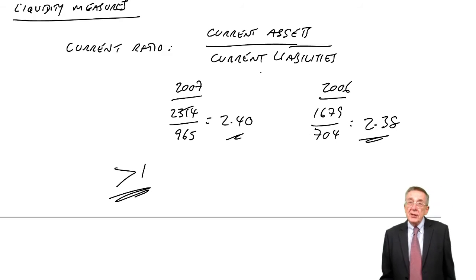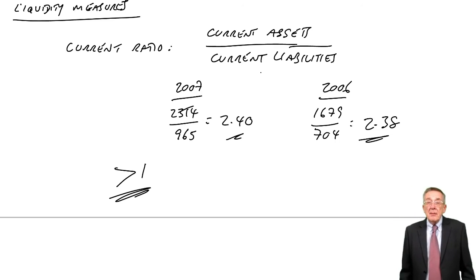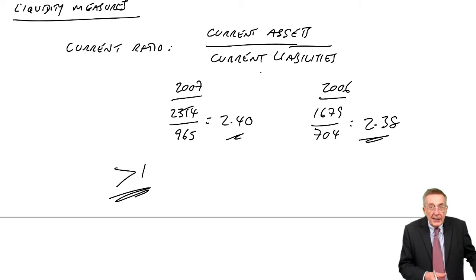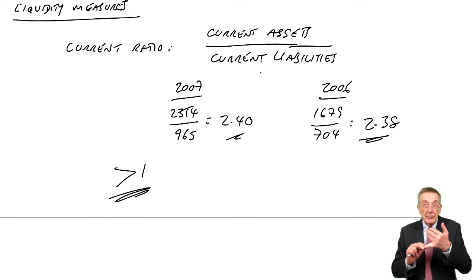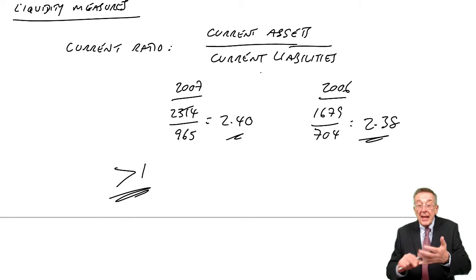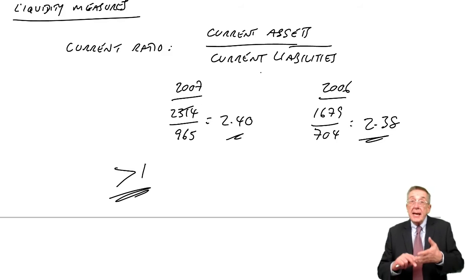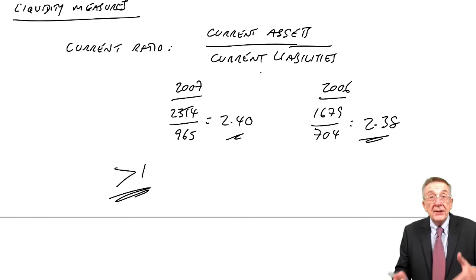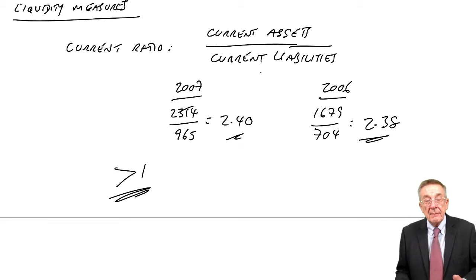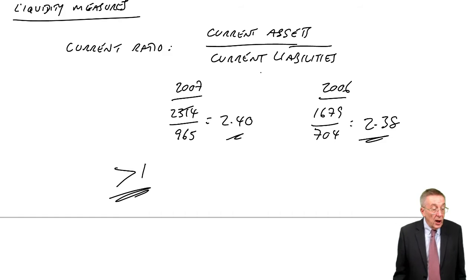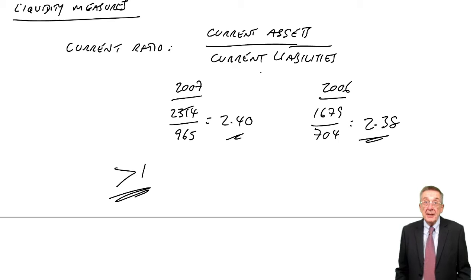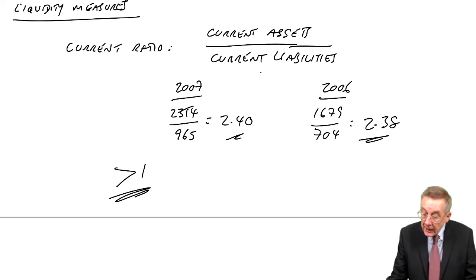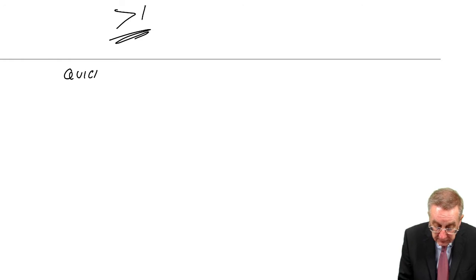The only thing is, though, inventory, that before we can get the cash, we're first of all going to have to sell the inventory, which may take a while. And then, assuming we sell it on credit, it will then take a while before we actually receive the cash. So it's likely to take a lot longer to get that cash in, and yet we've still got to pay these liabilities.